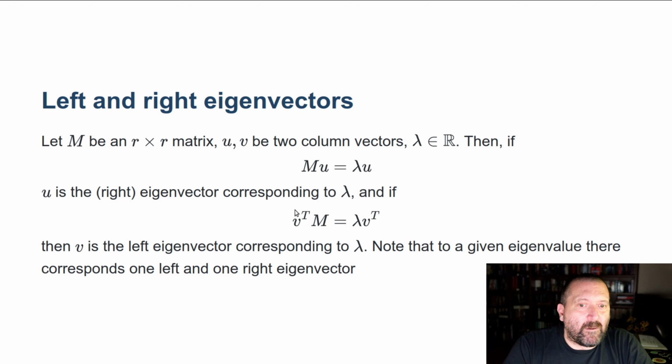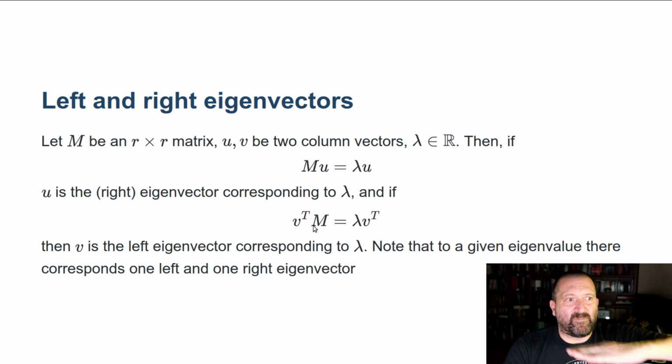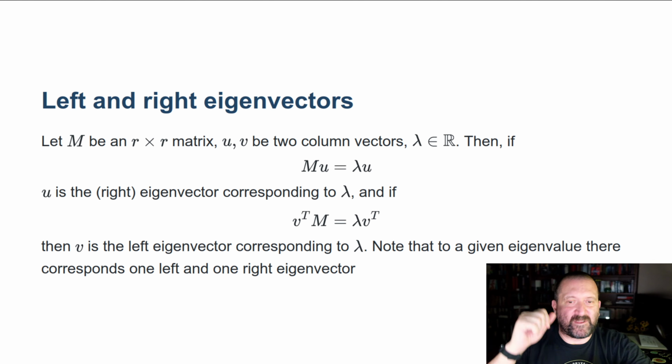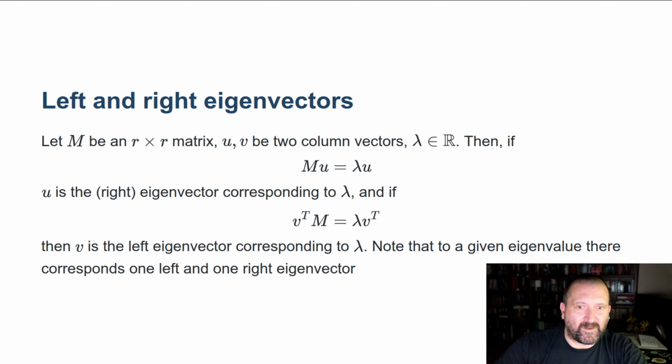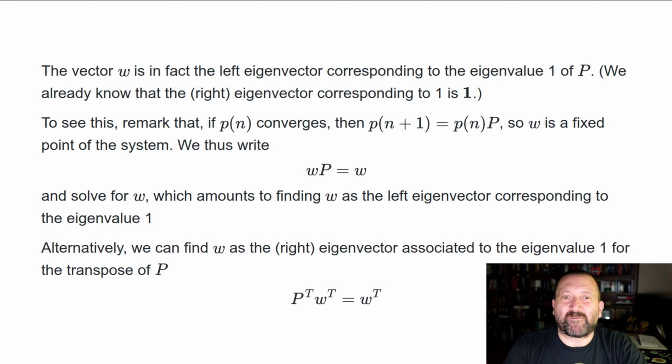And if we have v transpose M, so row vector times the matrix, equals lambda times the row vector, then we have a left eigenvector. Each eigenvalue is associated to both a left and a right eigenvector, of course up to multiples, because any multiple of an eigenvector is also an eigenvector.